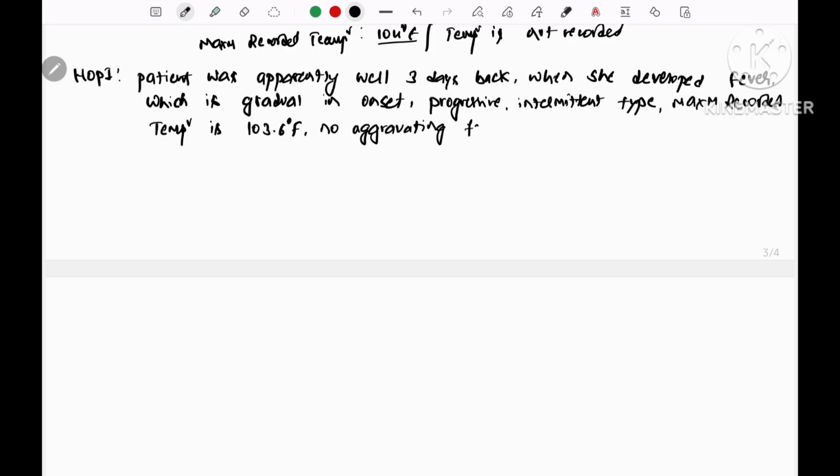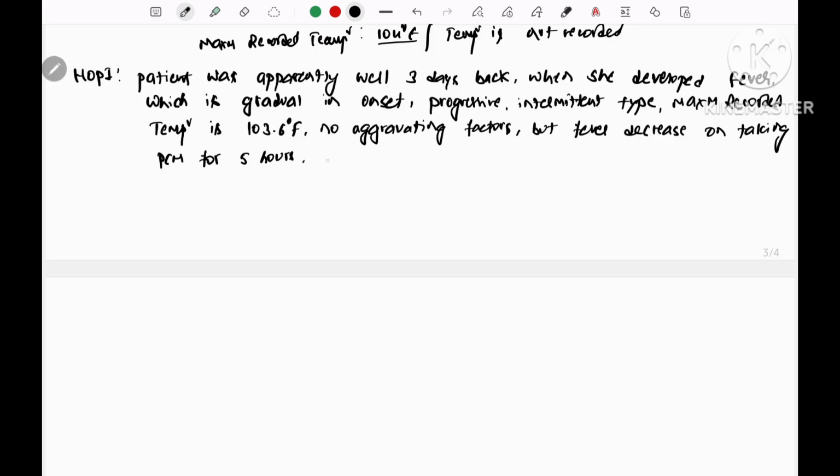No aggravating factors, but the fever decreased on taking paracetamol for 5 hours. So in this way we have to write the chief complaint about fever.